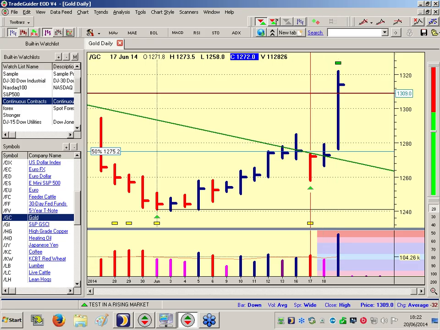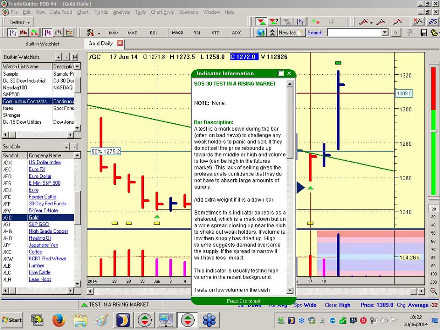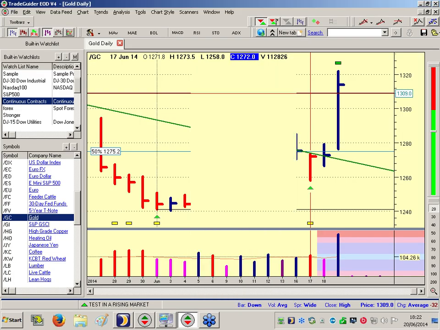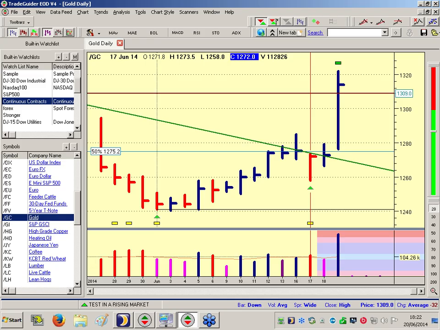But we do have a signal here. There's a test, look. That's a test, what they call a test in a rising market. You can all see it's a VSA principle. There would be accumulation down here on these lows. What time frame is this, Peter? Day. There'd be accumulation down here, which would be more apparent in your shorter time frames.